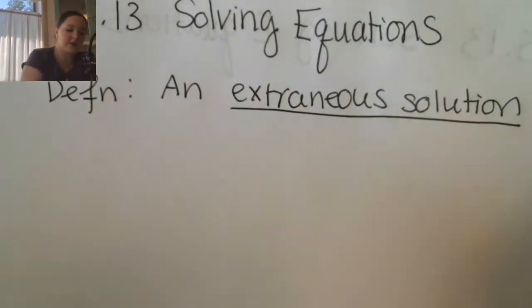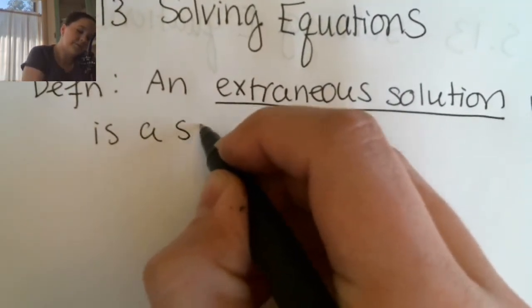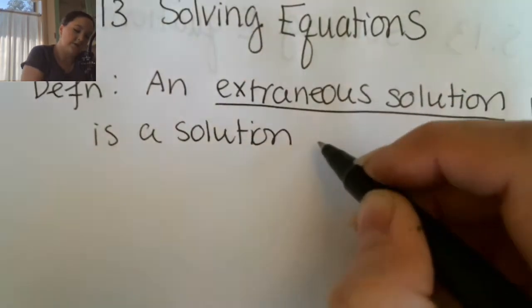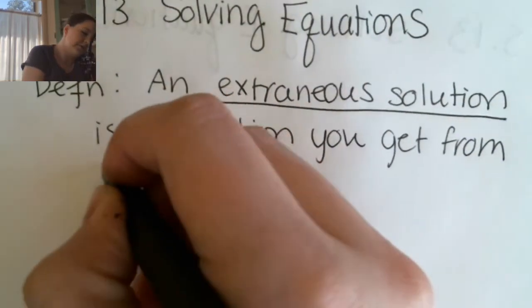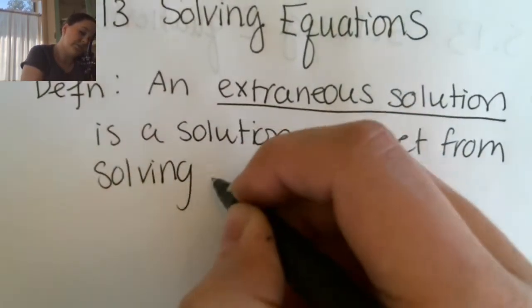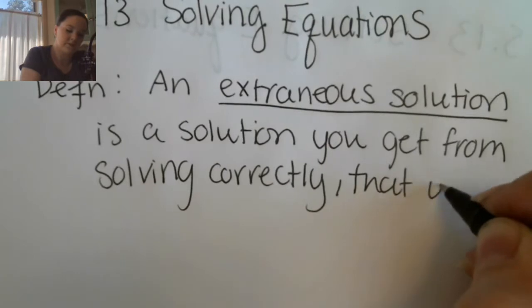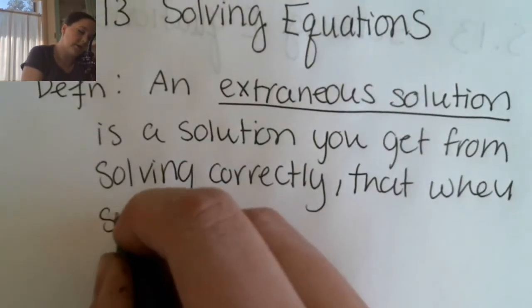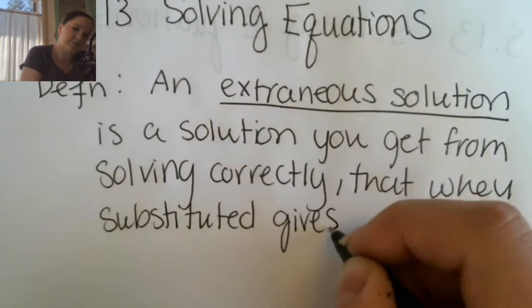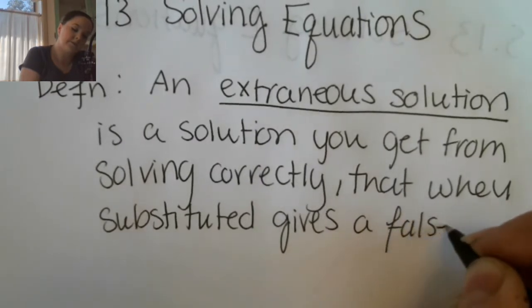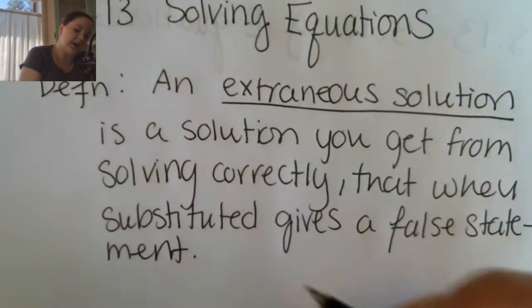An extraneous solution is a solution you get from solving correctly, but when you substitute it, it doesn't actually work.